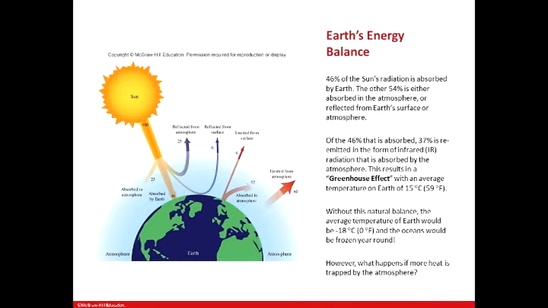So the energy balance on the Earth's energy balance slide is healthy. So let's look at the diagram. We have the sun, 100%, hits the atmosphere, okay? And once it hits the atmosphere, we know we have the two vital parts that we talk about in this class, the stratosphere and the troposphere.